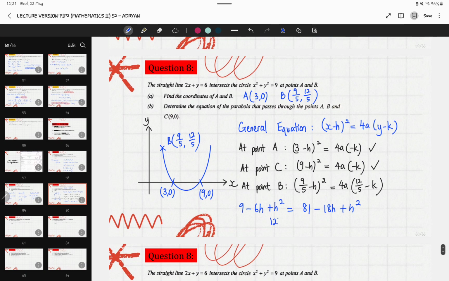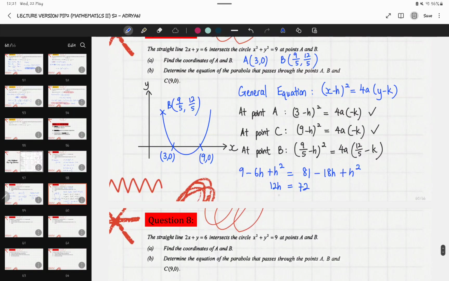So eventually you get 12h equals 72, so your h would be 6. H is the x coordinate of your vertex (h, k). So now we have h.